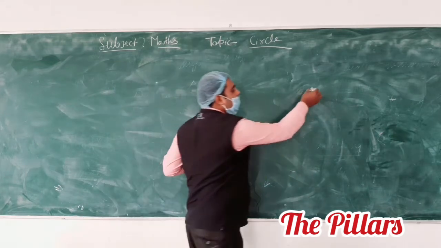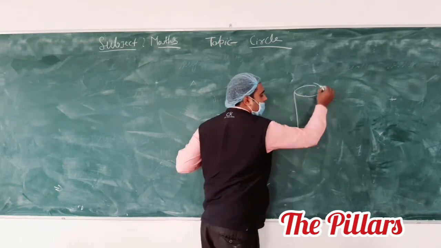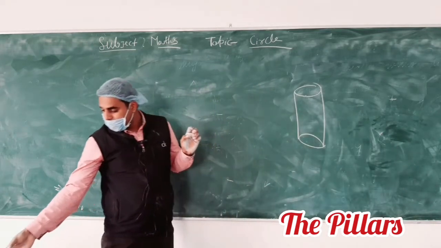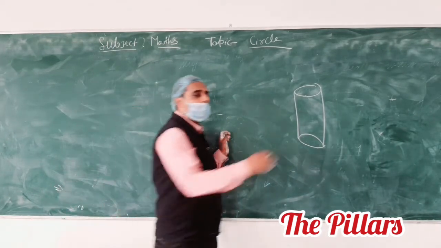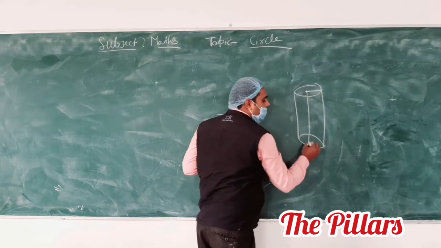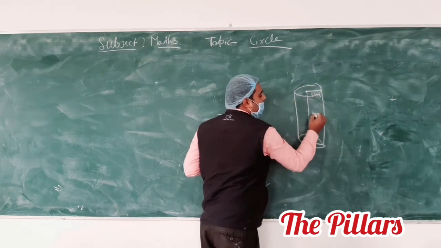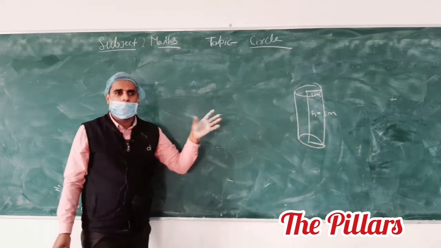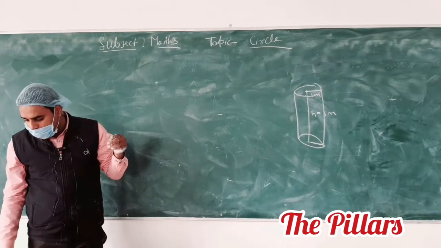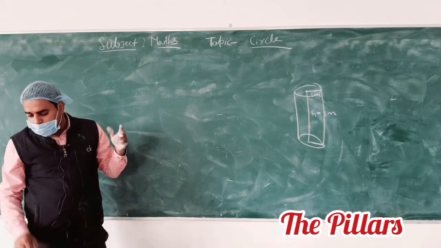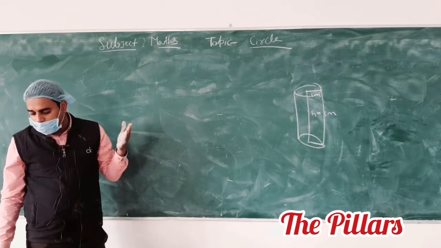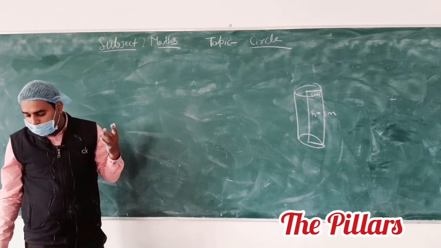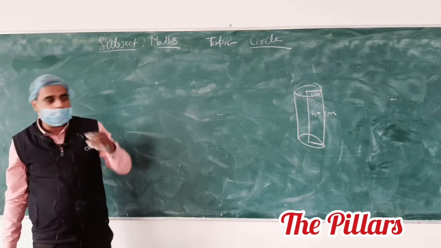Suppose the used water after recycling is collected in a cylinder whose diameter is 2 meter. It means the radius is 1 meter and the height is h equals 5 meter. By this, the same volume. The question says this water is used to irrigate a park of the hospital whose length is 25 meter and breadth 20 meter. If the tank is filled completely, what will be the height of standing used water for irrigating the park?